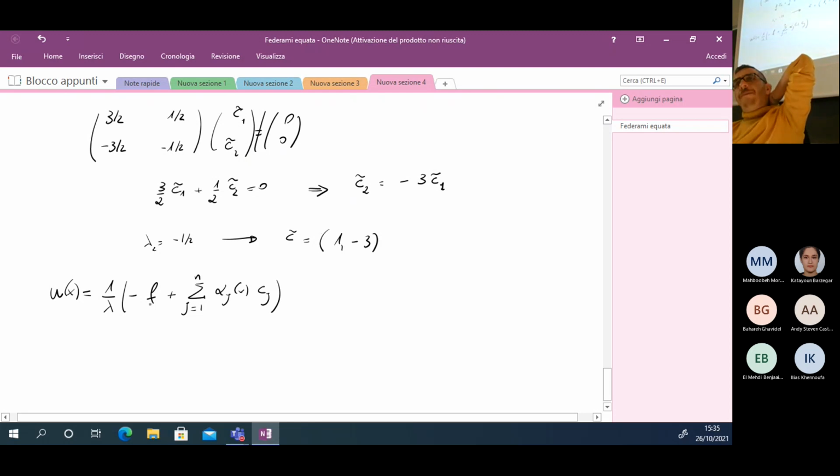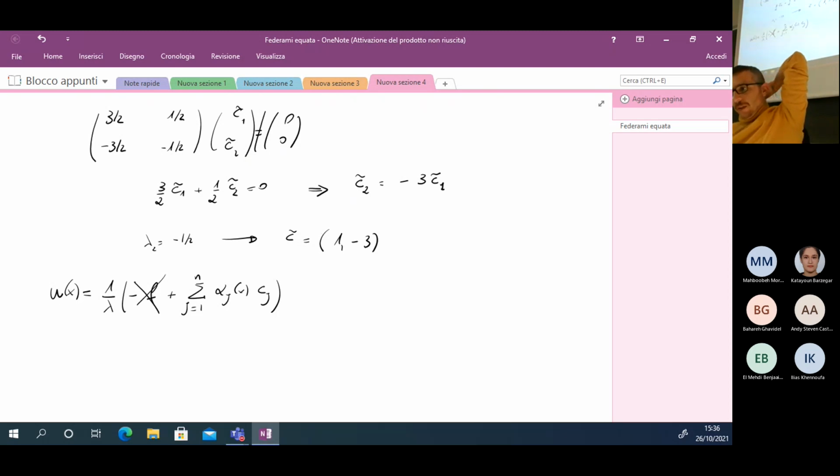In our case, f is equal to 0. Let's suppose that we are considering the problem in which f is equal to 0. So let me forget about this part.